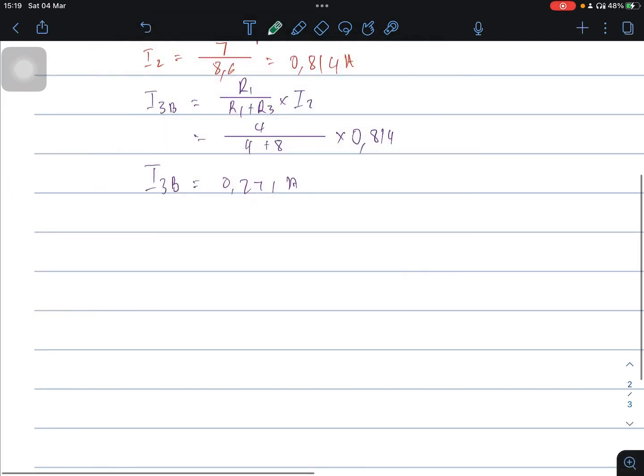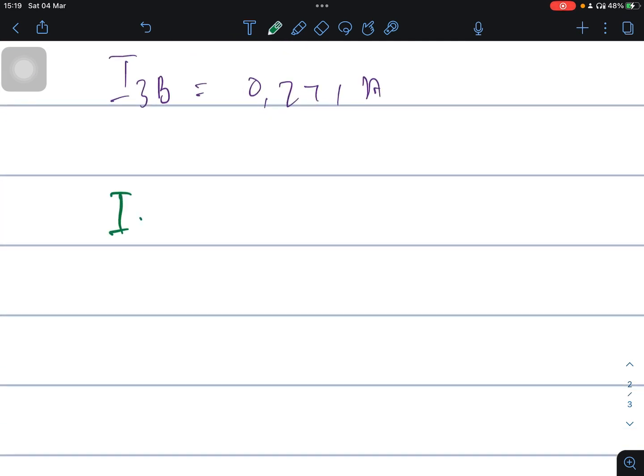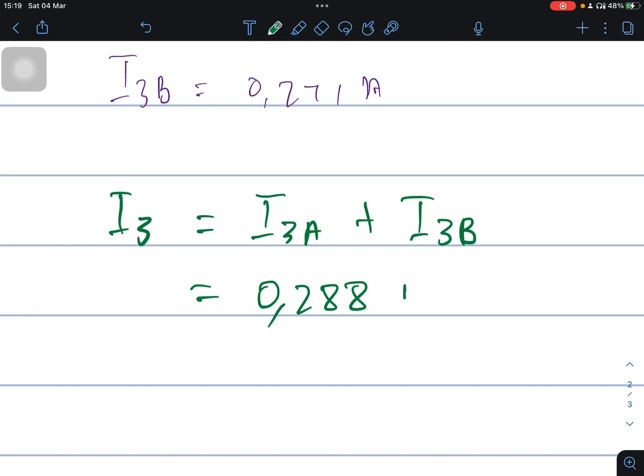So the resultant I3 is I3 contributed by the first source plus I3 contributed by the second source, which is 0.288 plus 0.271.